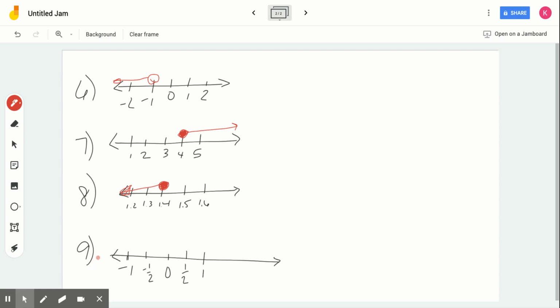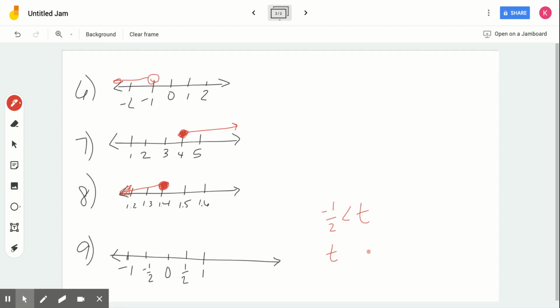Now on number 9, it says -1/2 is less than t. When we're graphing inequalities, it's really important that your variable is on the left side. Otherwise, it's sometimes confusing which way we're going to shade the graph.